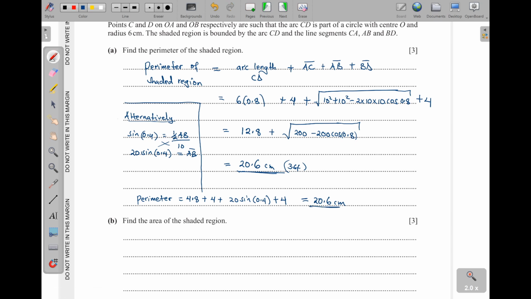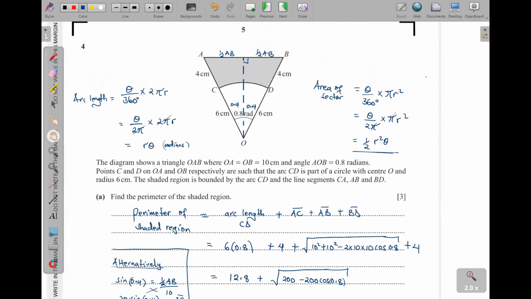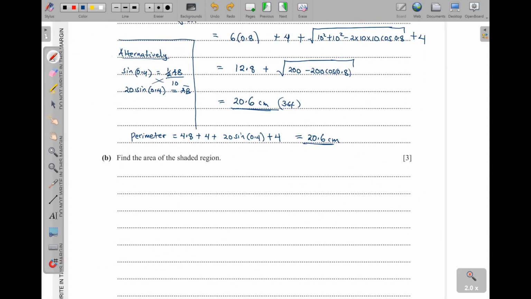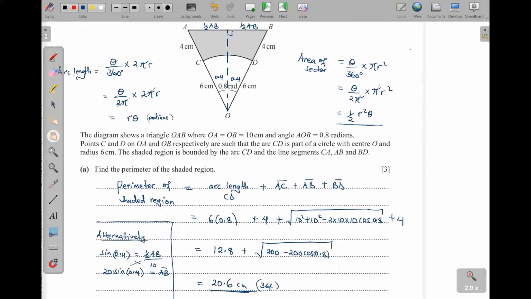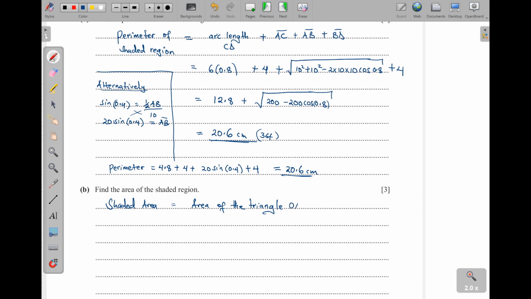Now, next, find the area of the shaded region. So for the area of the shaded region, I'll get the area of this triangle, then minus the area of the sector. So shaded area is equal to area of the triangle OAB minus area of sector.